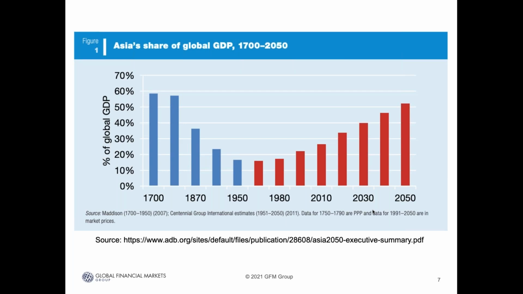A dip happening right around World War II and really peaking in the decades after World War II. But where we are right now, we're still only halfway back to where Asia's share of global economic activity was in the year 1700.